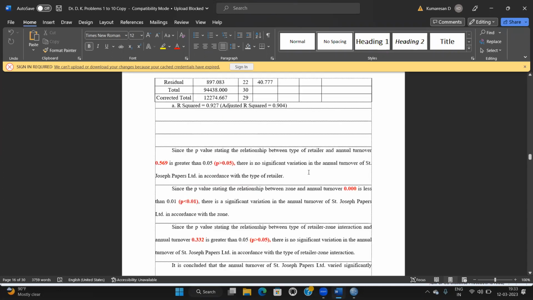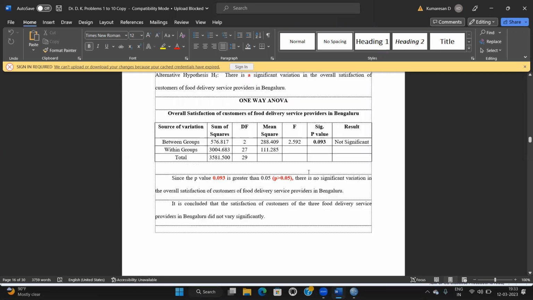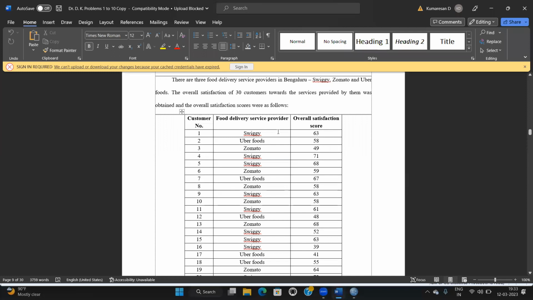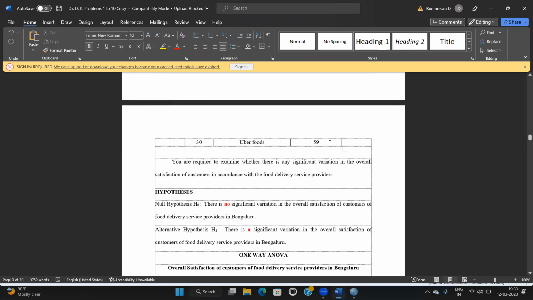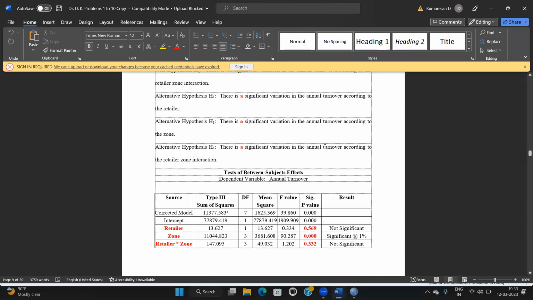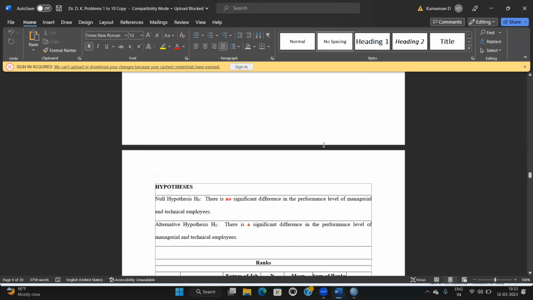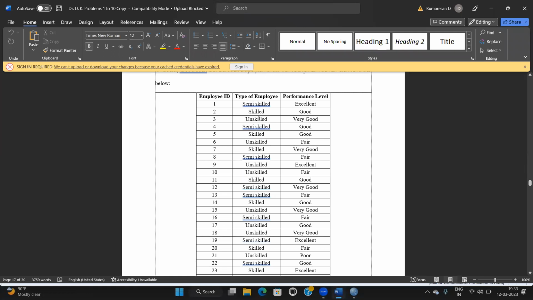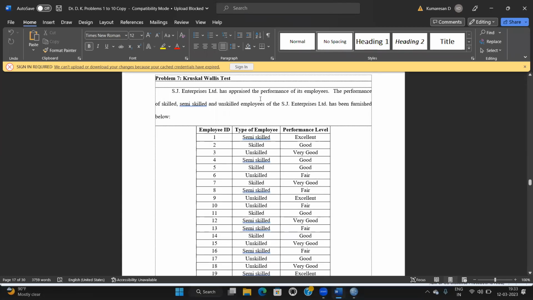Earlier, we discussed the one-way ANOVA. Look at this. There are 3 categories: Swiggy, Zomato, Uber Foods. Data is given as scale data. Dependent variable is scale data. Here, there are 3 categories: skilled, semi-skilled, and unskilled. So this is the similarity between one-way ANOVA and the Kruskal-Wallis test.